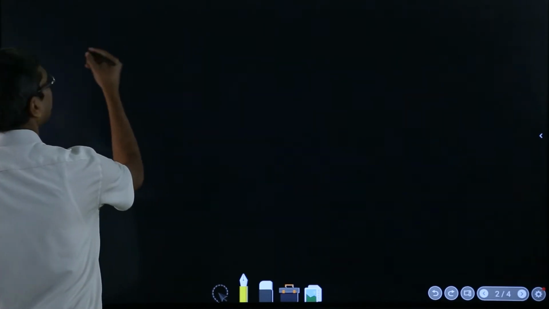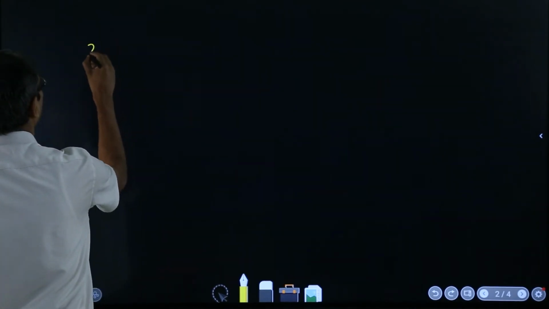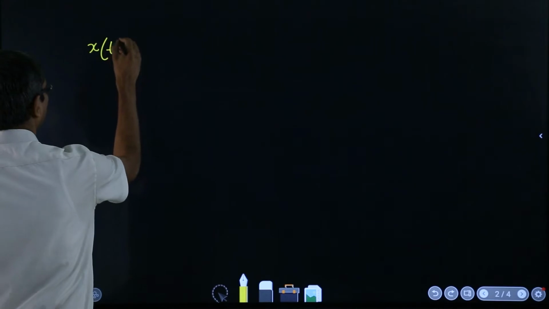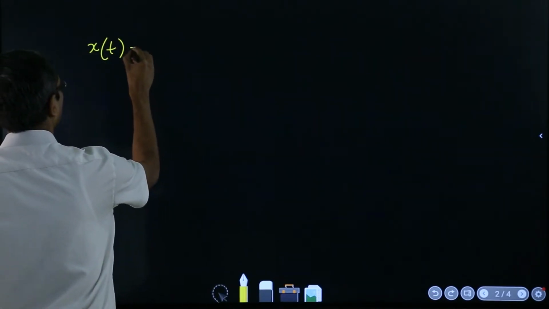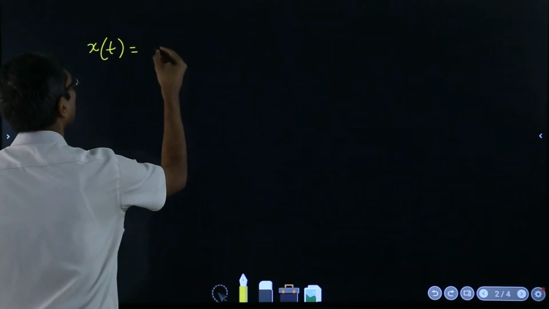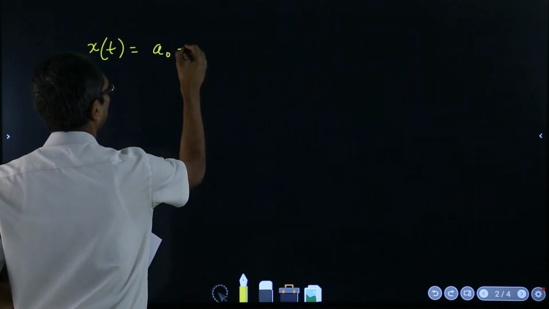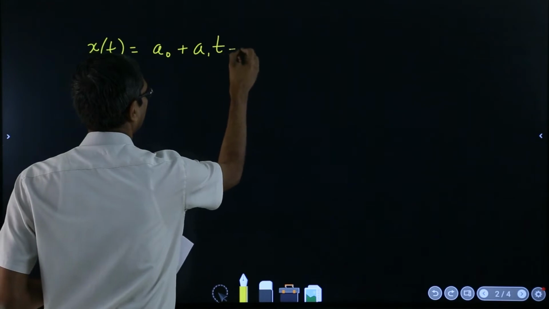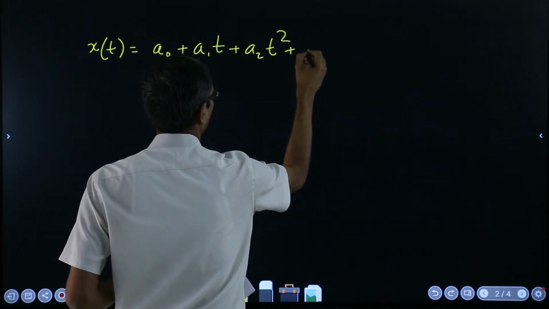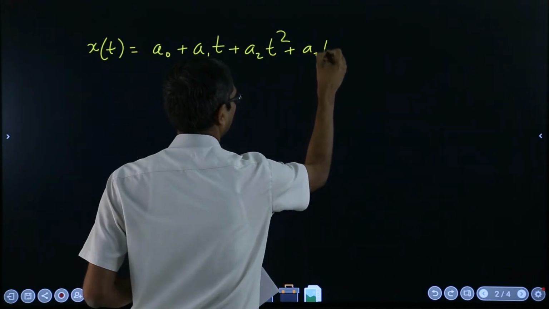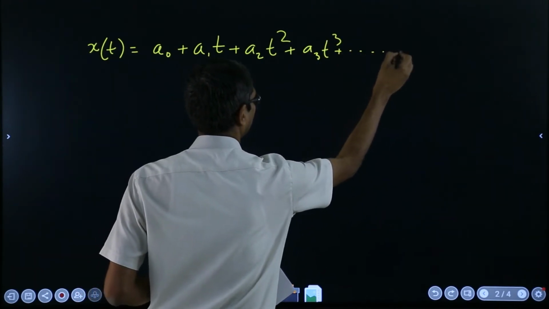Suppose I assume x(t) as, say, a0 plus a1 t plus a2 t squared plus a3 t cubed and so on.